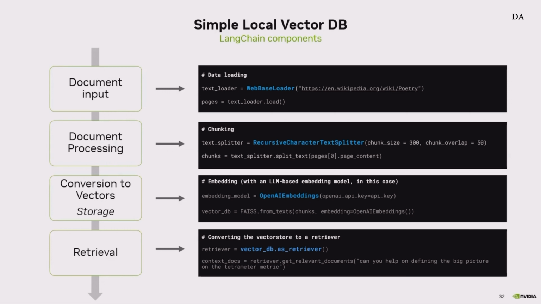And we can pass in a text query, can you help me on defining the big picture of the tetrameter metric? And so what happens here is that that query is then itself embedded and compared to every vector that was embedded from our larger document, and the most similar ones rise to the top in similarity and become the sorted results of our search.